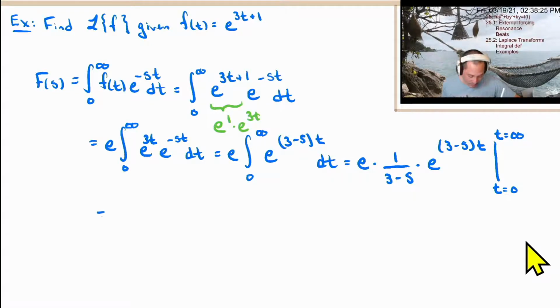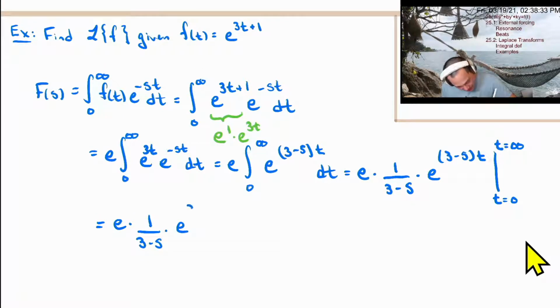Okay, now I'll write out the horrible notation: e times 1 over 3 minus s times e to the 3 minus s times infinity, minus e to the 3 minus s times 0.